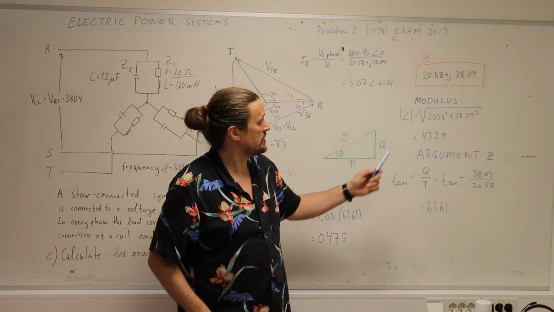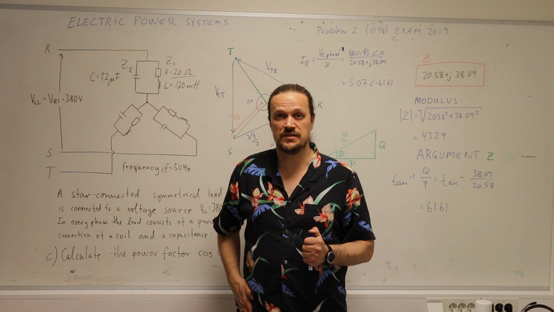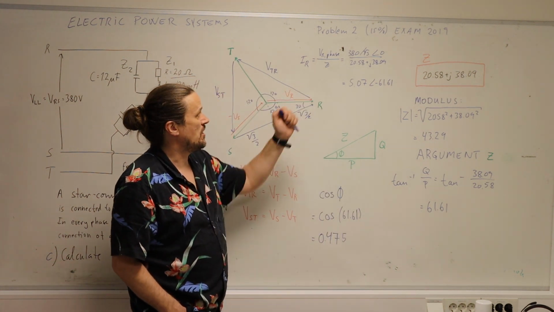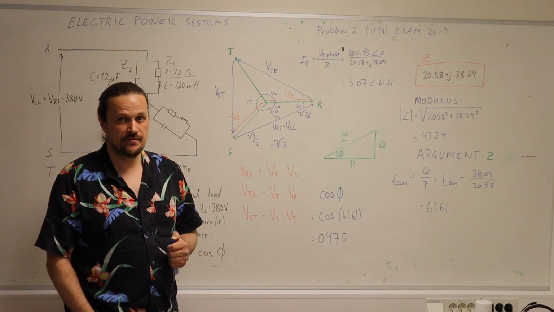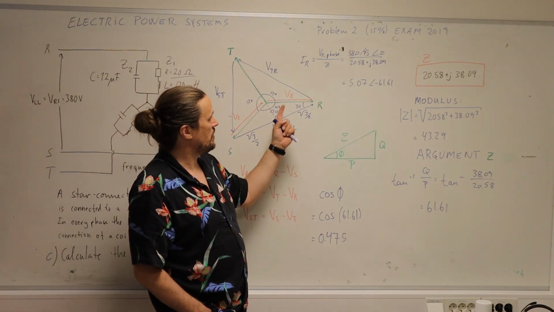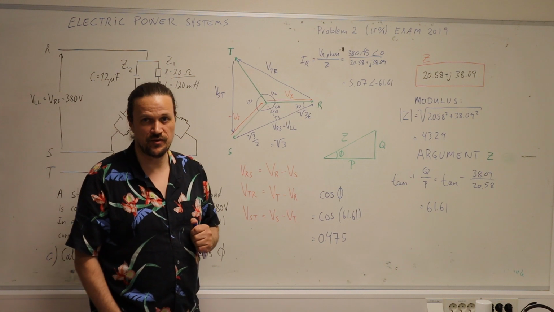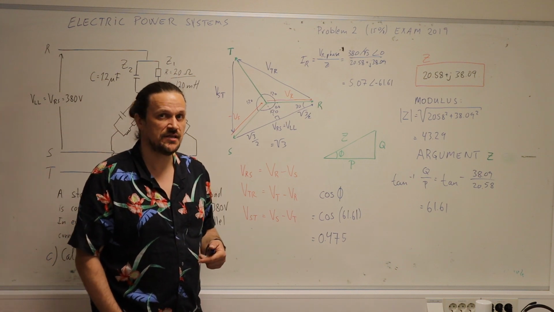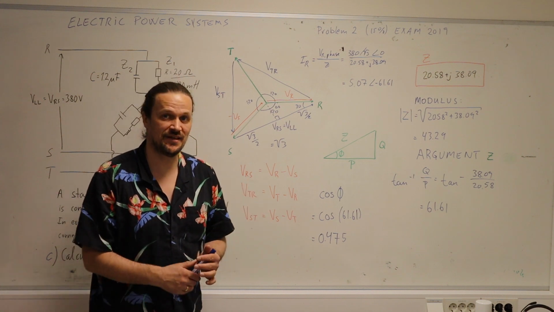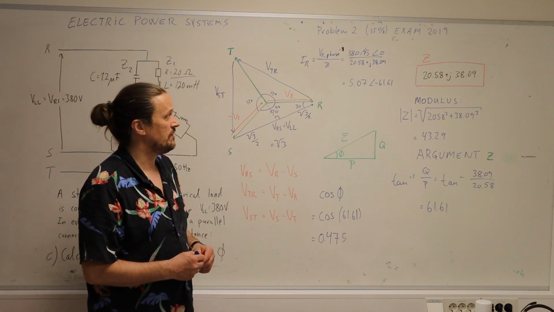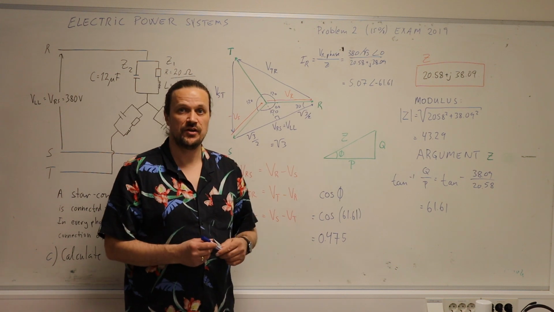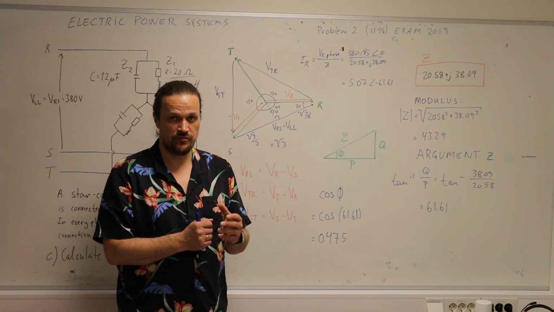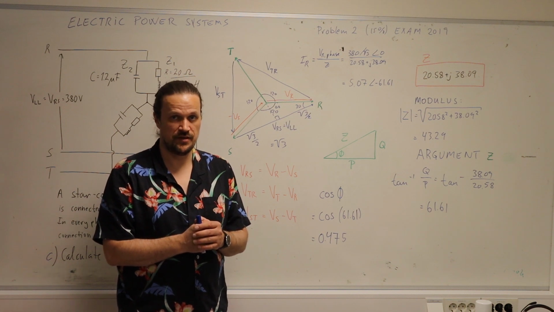We have that from question A, the impedance, and we also looked into the line currents. The reason why we chose the line current R to be the phase of reference is because then we will immediately get the power factor with the angle that is in between the voltage and the line current.